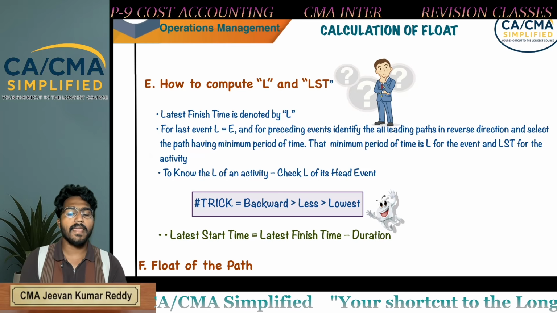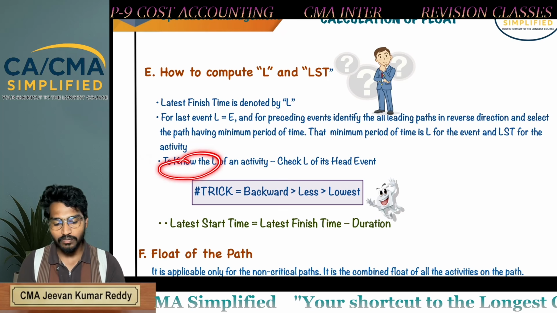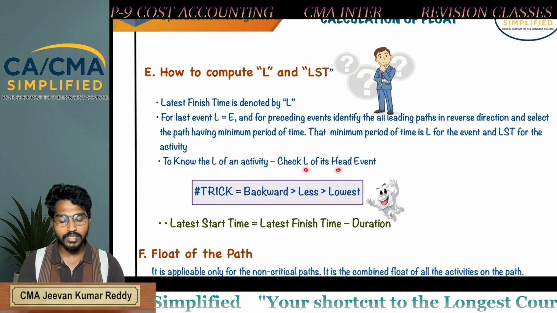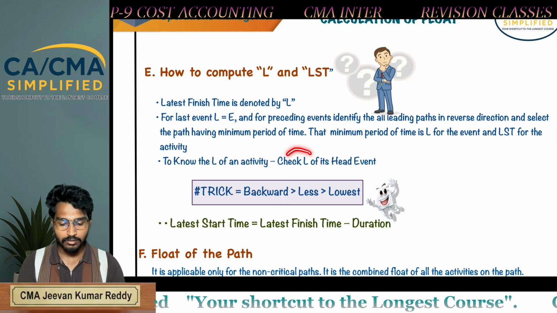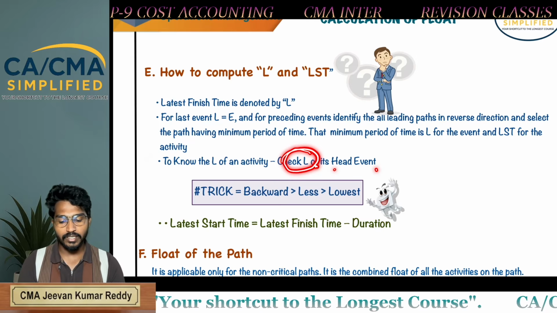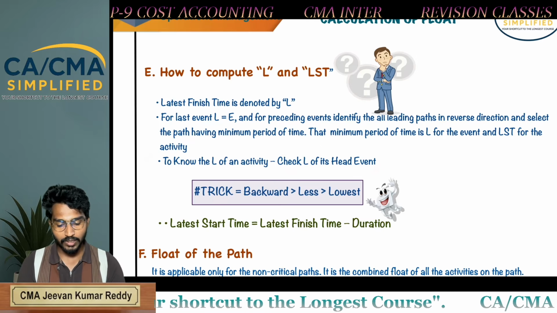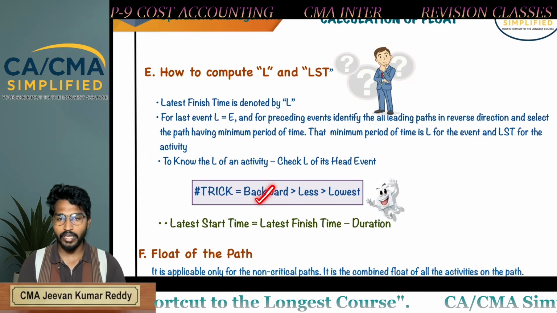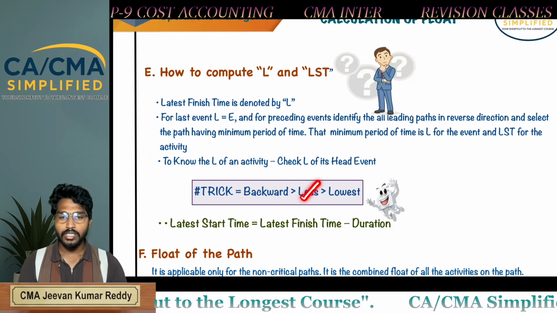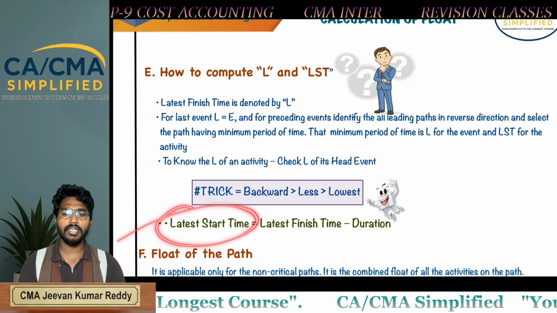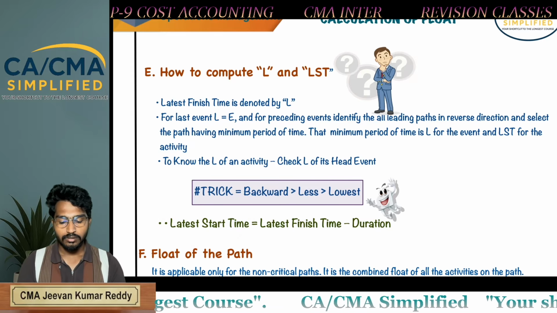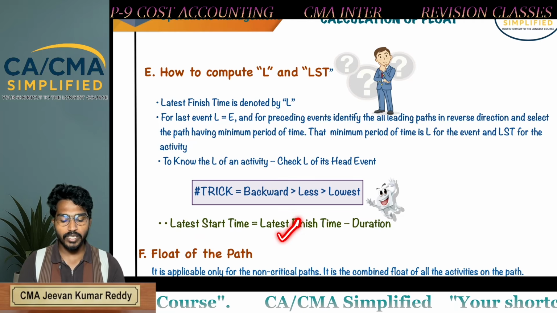To know L of an activity, check L of its head event. Trick: for calculating L, you have to come backward, subtract the duration and take the lowest one. How to get LST? LST is equal to LFT minus duration.